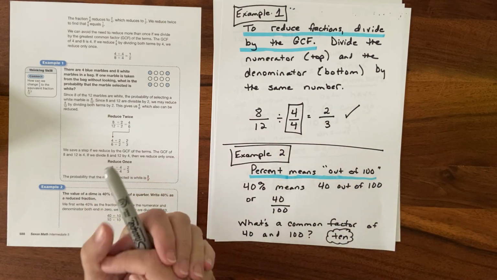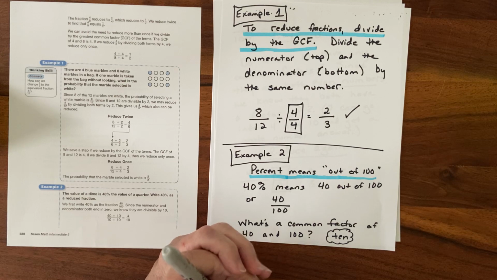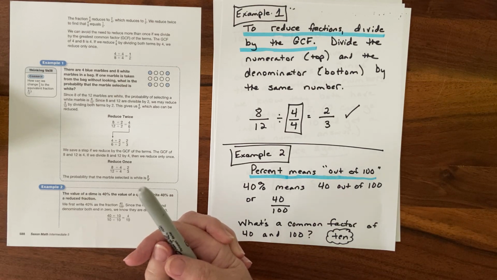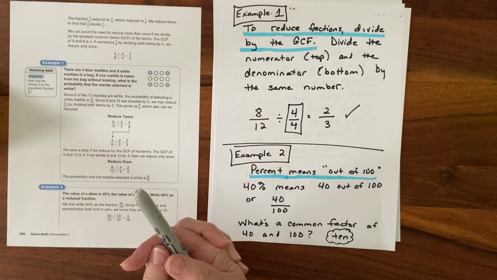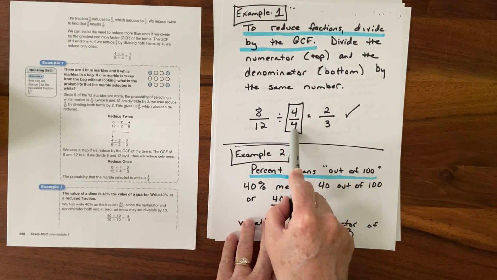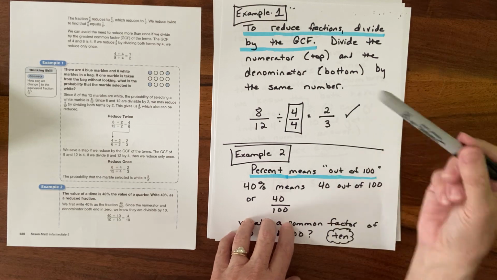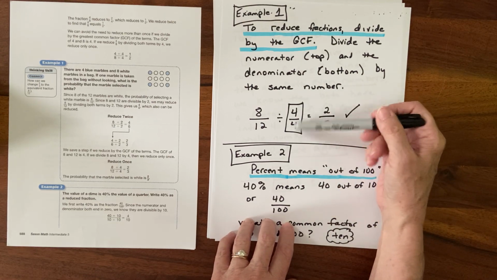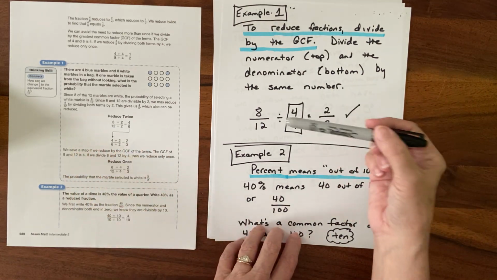So pause for a minute. Again, it's not critical that you understand this part, but this is why it works. This is the same thing as 1, isn't it? Anything over itself. If I have 4 pieces out of 4 pieces, I have one whole thing.